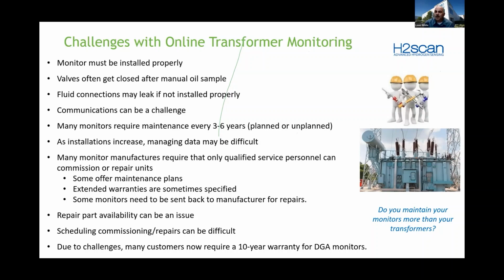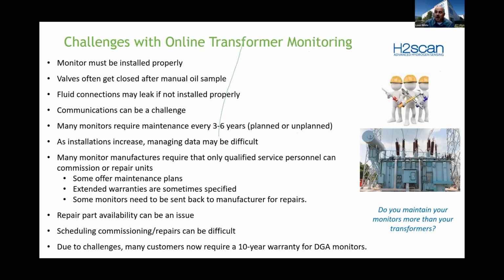So first of all, your monitor must be installed properly. There's a lot of times when monitors are specified on a new transformer and the transformer OEM isn't trained properly or doesn't read the manual and installs valves backwards or mounts things on transformers.